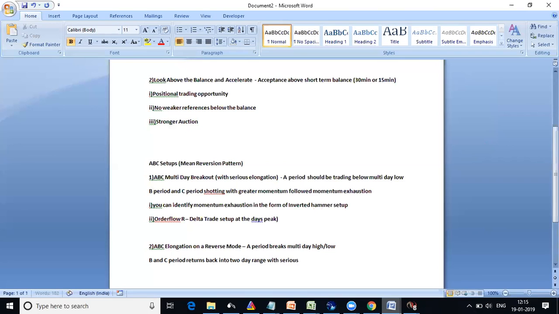with serious elongation, right? Serious elongation is happening, and previous day range is very high, and the C period failed to break previous day low.